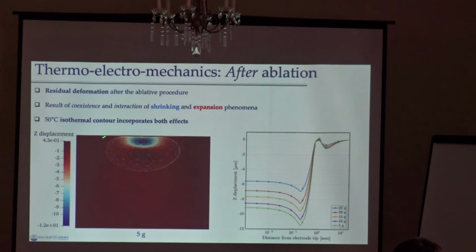And in fact, if you compare this micromechanical aspect with the 50 degrees isothermal contour, basically you have shrinkage and expansion inside the 50 degrees isothermal contour. So inside this qualitative estimator of the lesion, you have many different aspects.